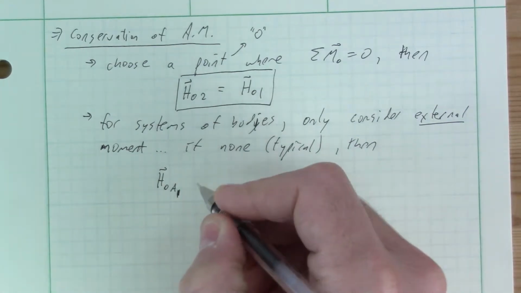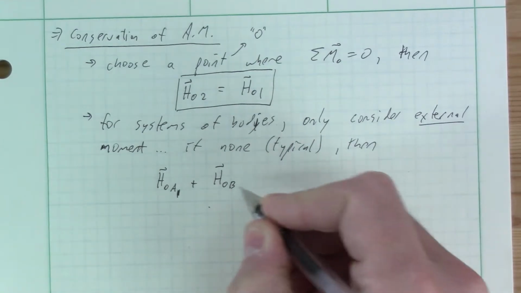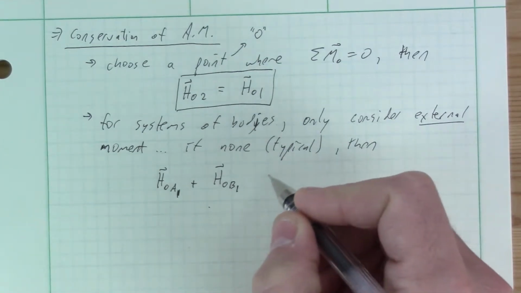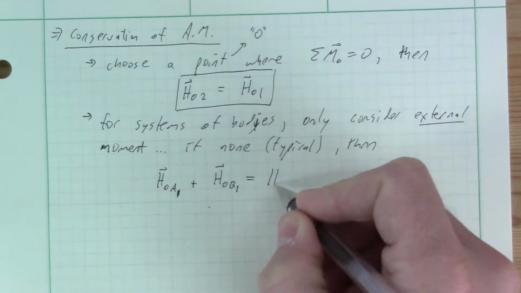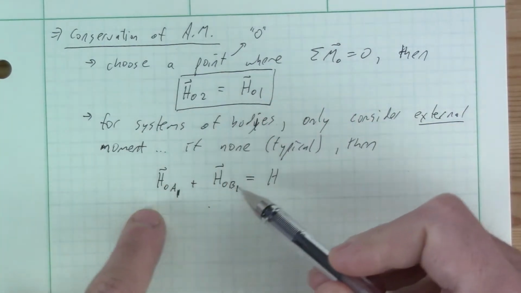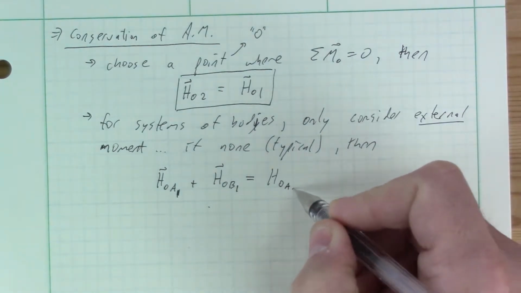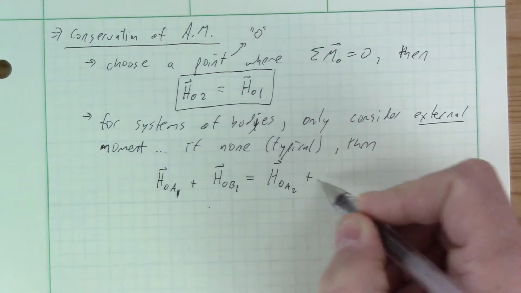Then we do the same thing about O for body B at state 1. I flipped the order here, but that's all of this over here. It's just now the accumulation of two bodies in a system. Same thing, but now with two.